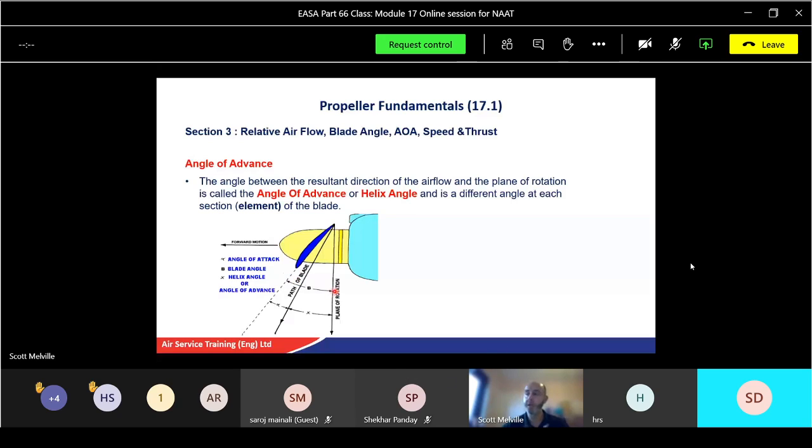The blade angle is the whole part from the chord line to the plane of rotation, the way it's spinning, 90 degrees. And then we've got the helix angle or angle of advance, which is this part here. So it's only this part here. That's your helix angle, also known as your angle of advance.